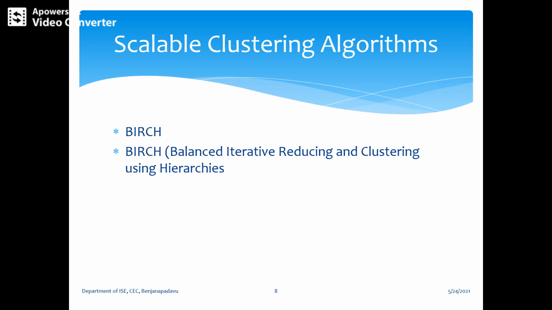Another approach is bounds on proximities, using bounds on the proximities to avoid proximity computation. Another approach to reduce the time complexity is sampling. In this approach, a sample of points is taken, these points are clustered, and then the remaining points are assigned to the existing clusters, typically the closest cluster.